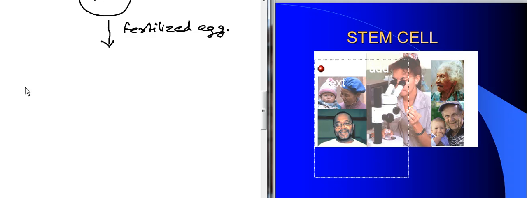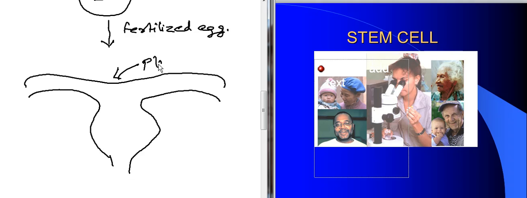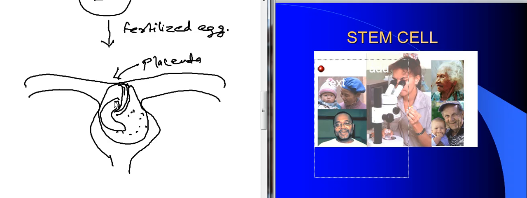After that it gets attached to the placenta. This is your placenta, where this fertilized egg gets attached, and the baby is connected with the mother through the placenta, and there is a liquid present in it. This liquid is called amniotic fluid.